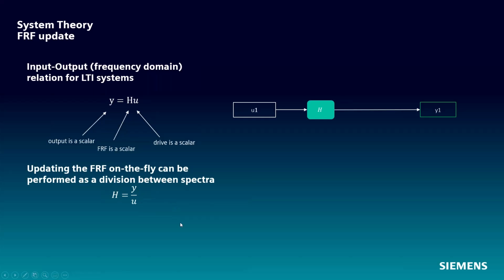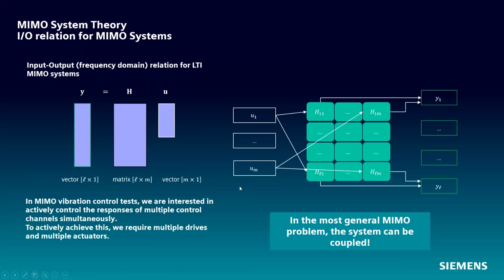And you update that FRF constantly through the test by just dividing these spectra, output and drive. Now with MIMO, it gets significantly more complicated because you have your response matrix, which is a vector. You have your drive matrix, which is also a vector.